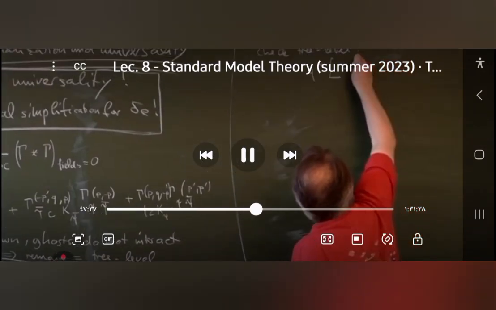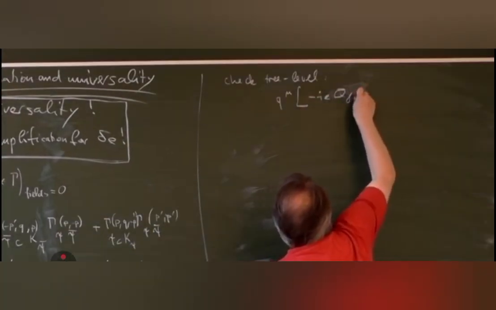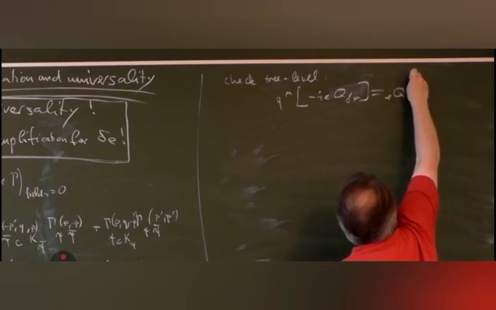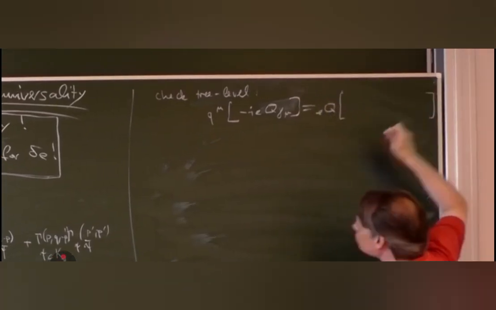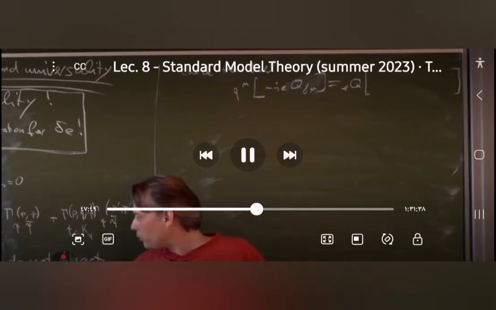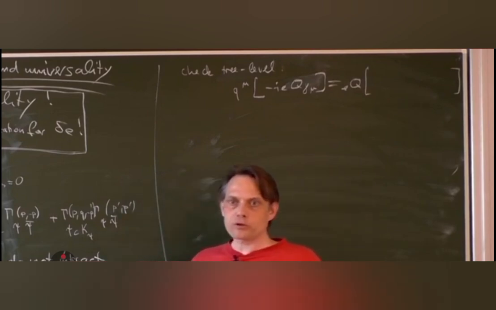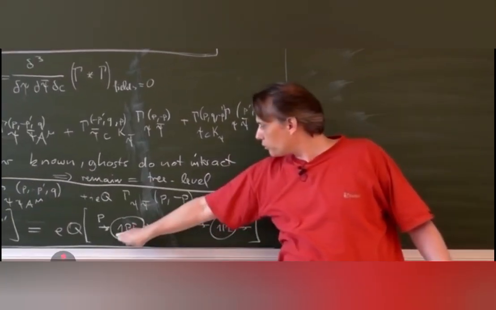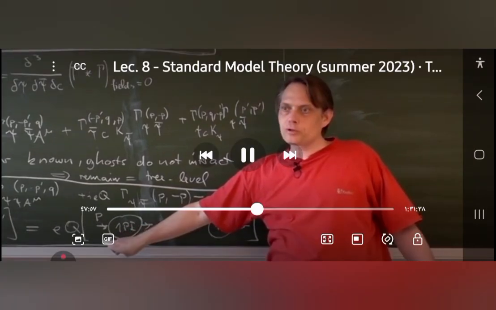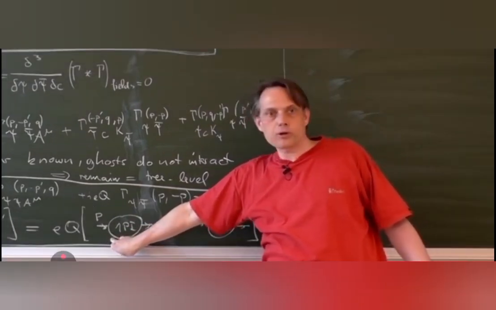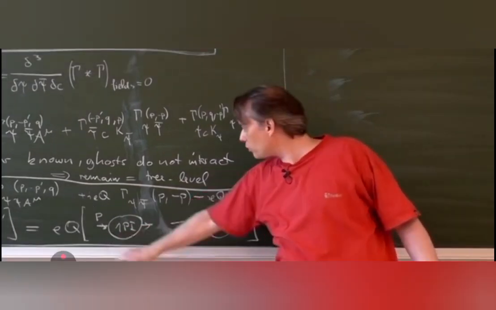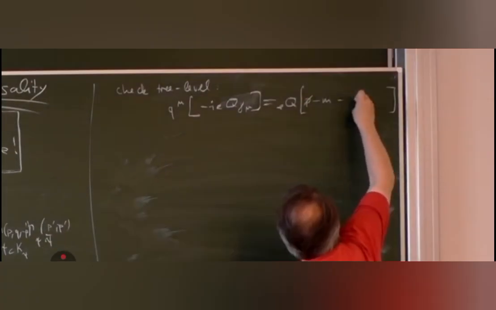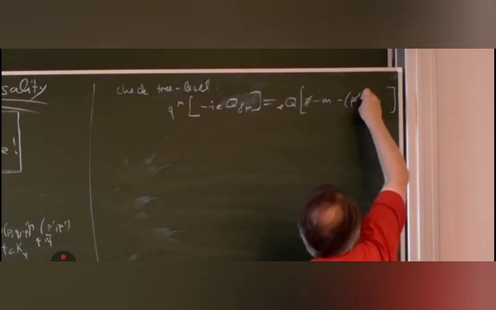Minus i e q gamma mu, and then we have e times q, and on the right-hand side, what is the 1PI electron 2-point function at tree level? At tree level it's just the inverse propagator, the thing coming from the kinetic term of the Lagrangian, so that would be p slash minus m, simply p slash minus m. So then we have here p slash minus m, and on the other hand p prime slash minus m.